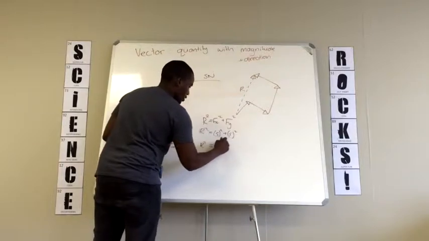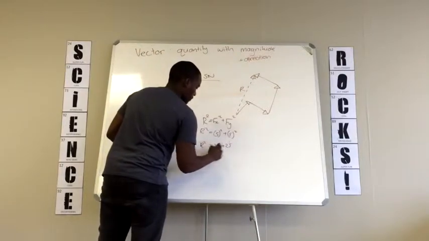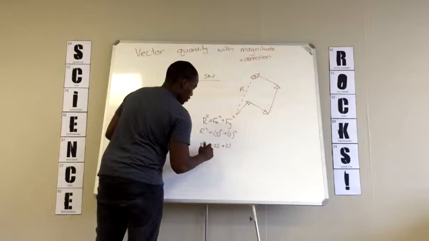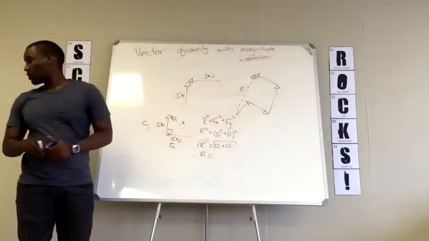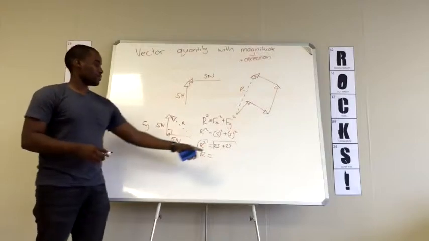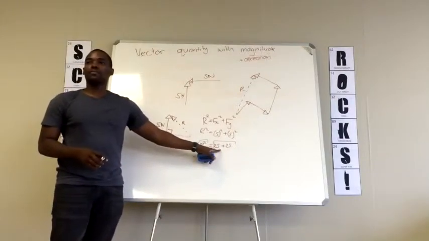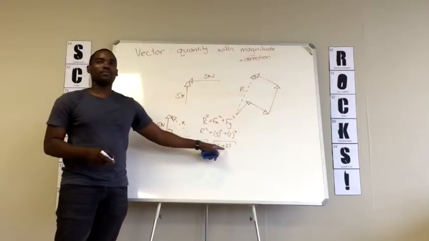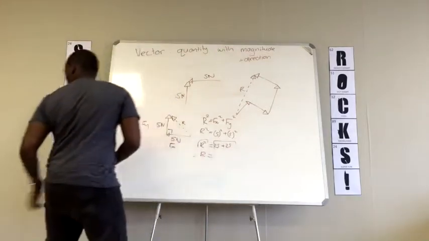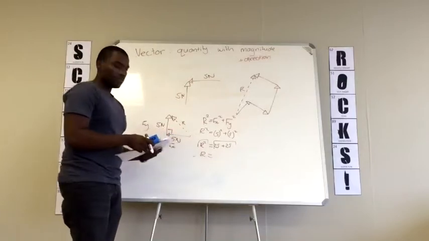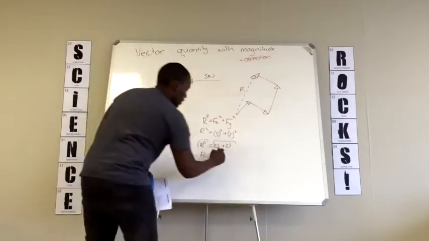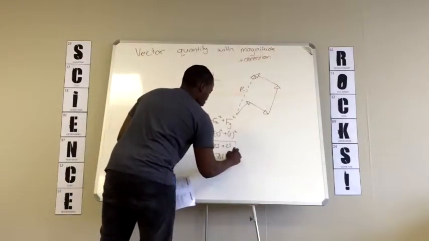Then R will simply be, if I square root both sides, R will be, can anyone give me an answer quickly? R square root of 50? 7.1. Okay. 7.1 newtons.